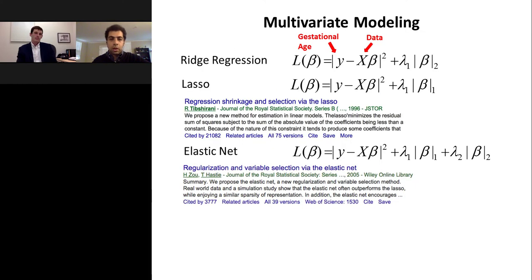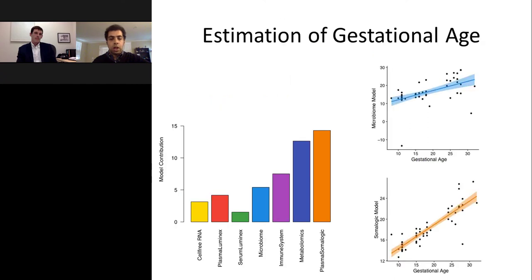So we used a similar approach, again, here Y is gestational age, X is the full data, and we try to do the exact same thing. We try to build an elastic net that predicts gestational age. First, we did that on one data set at a time. So each of these bars represents an elastic net built on each data set. Y-axis is again minus log 10 of p-value.